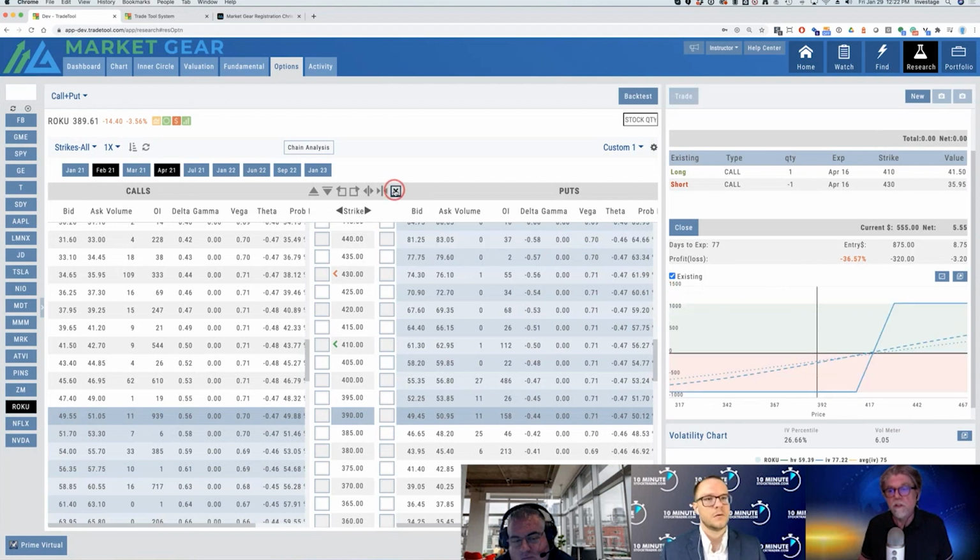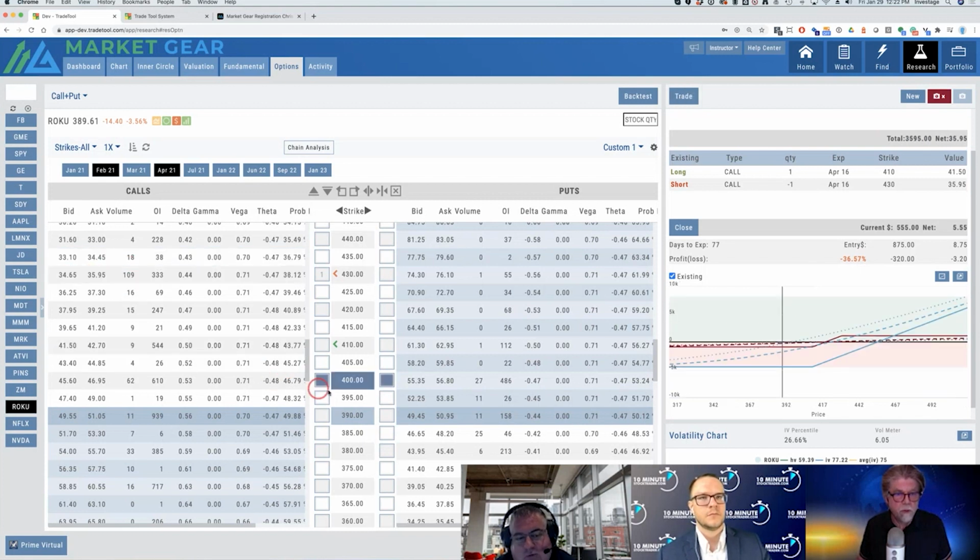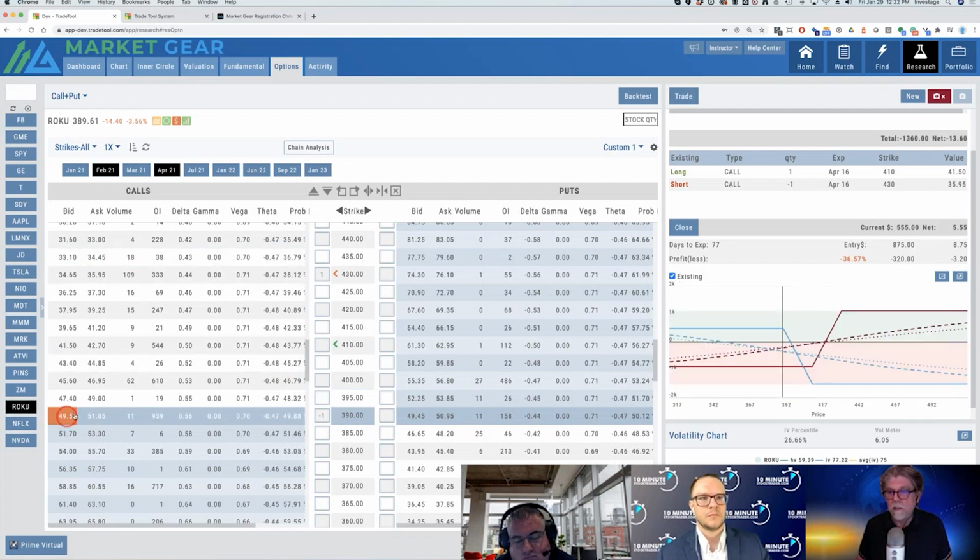Let me take my snapshot here again and flip it so you can see how that takes it. It does change the profit and risk factor a little bit, so don't do it unless you're really confident it's going to continue going down. But if that's the case, you can absolutely repair the trade.